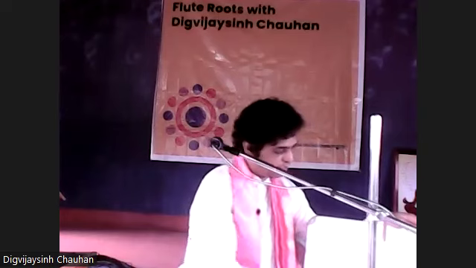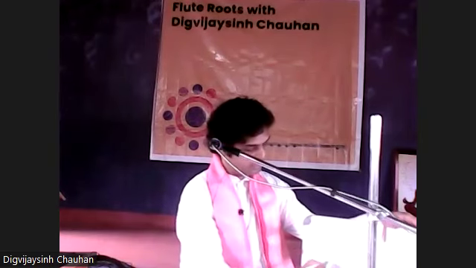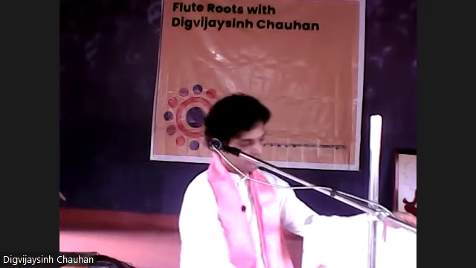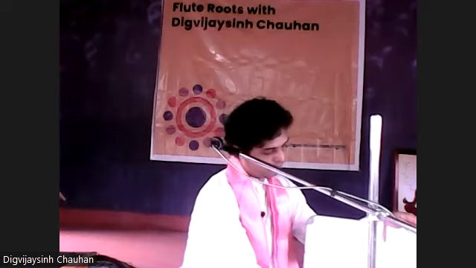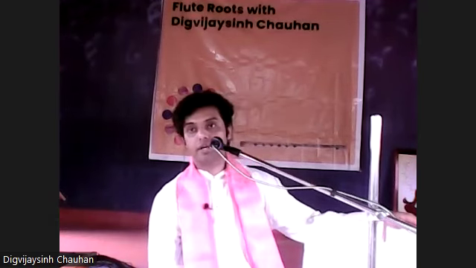Suppose this is the ascending of the raga. The descending of the raga can be Sa, Komal Ni, Pa, Ma, Re, Sa. See, there is a Shuddha Ni also, there is a Komal Ni also, but they are not in a line.